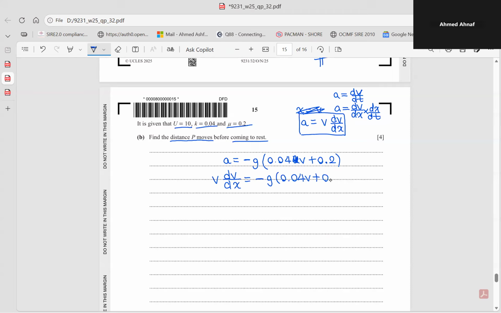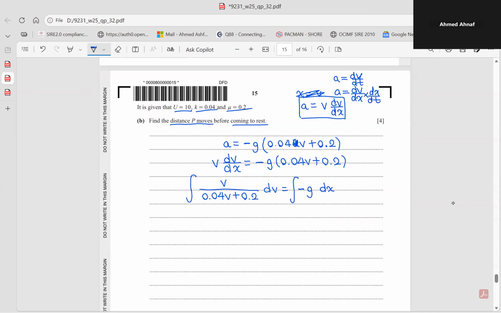Minus g bracket 0.04 v plus 0.2. As we can see, the dv is just on that side. You can't move it over to the other side, so you're going to have to divide by the v expression on both sides. So you'll get v over 0.04 v plus 0.2 dv, and then dx, just multiply, you get minus g dx. Now you integrate this.